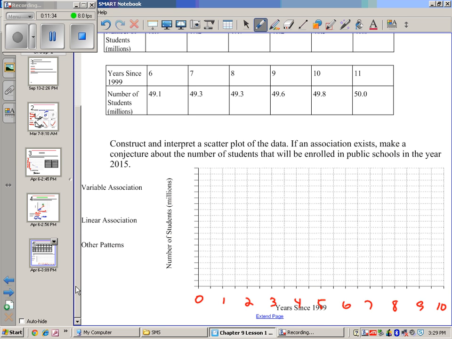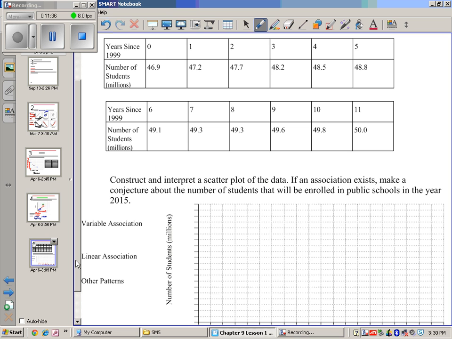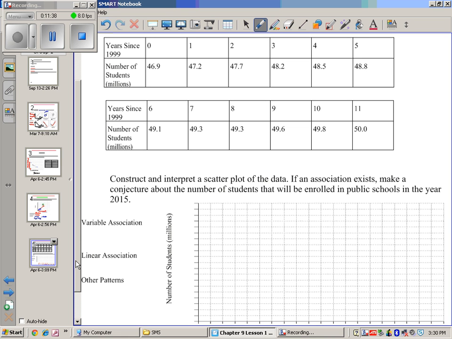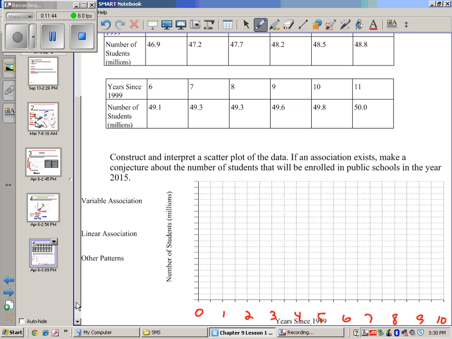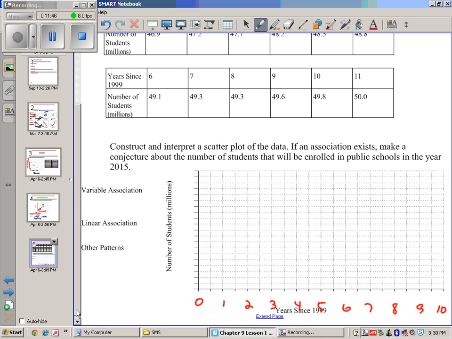If you look at the data for the number of students, the lowest point looks like 46.9 million all the way up to 50. So we're going to break that. Show a little break once again. 46, 47, 48, 49, 50.